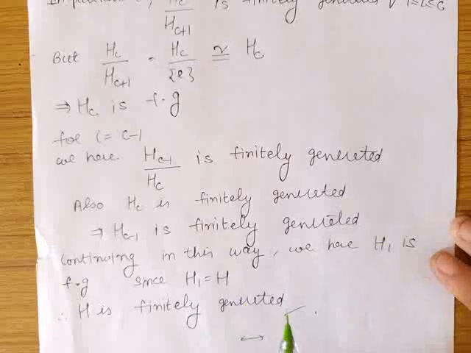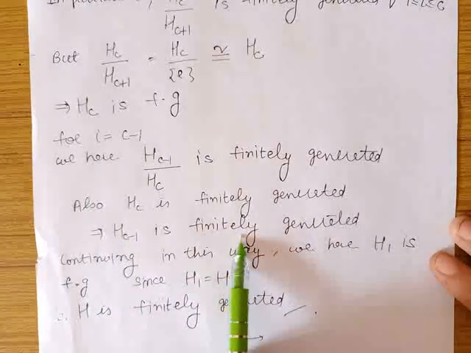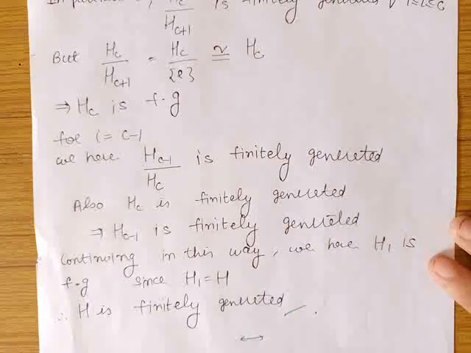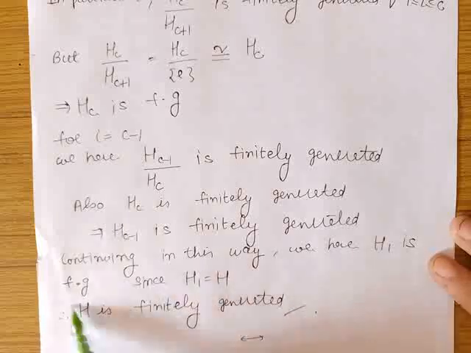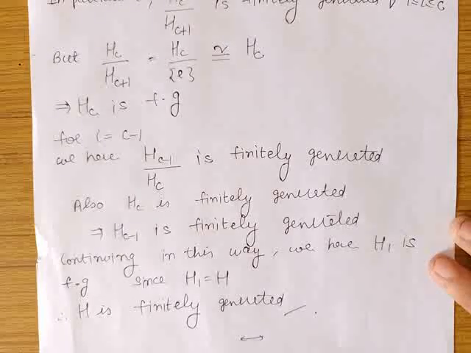So we can say that H_(C-1) is also finitely generated. So we can continue like this to prove that H is finitely generated. So this completes the proof of the theorem that a subgroup of a finitely generated nilpotent group is again finitely generated.